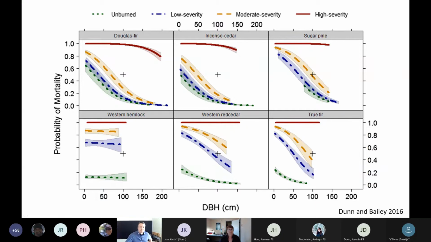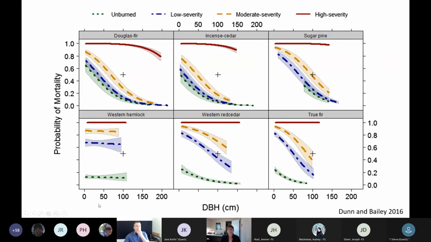For most of these species, what we typically see is as tree diameter increases, bark thickness increases, so the potential to survive fire starts to go up. And that increase in bark thickness happens more rapidly in our fire resistors like Doug fir and incense cedar and sugar pine.